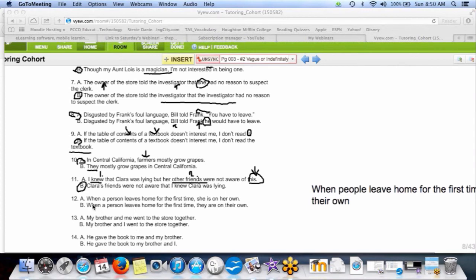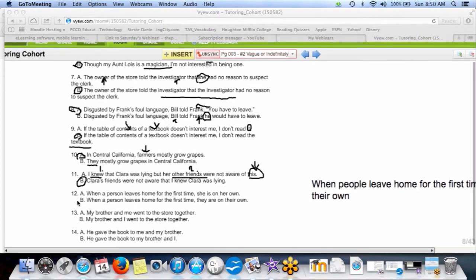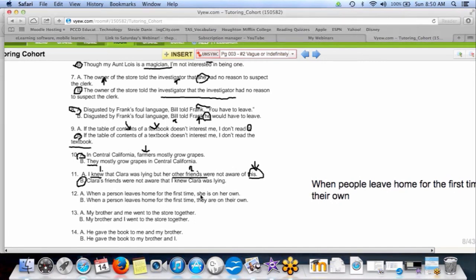All right, now 12. A lot of people kind of get 12 wrong because they were used to talking that way. So let me show you what's going on here. Here we go. Okay. The vague pronoun in 12A is "she." And the problem is we have two potential "she"s. Or, no, sorry.